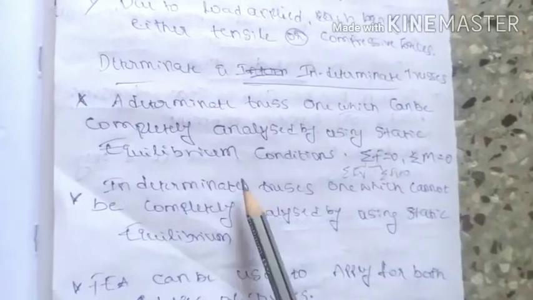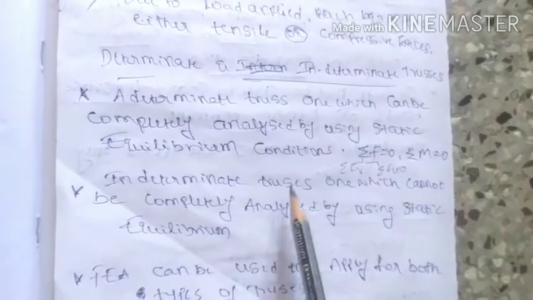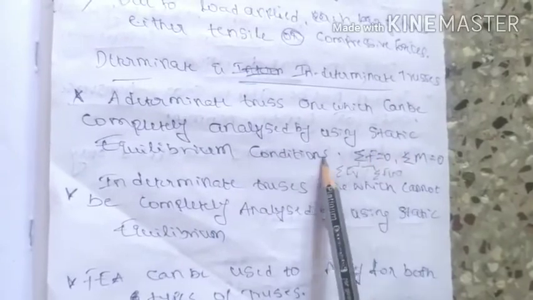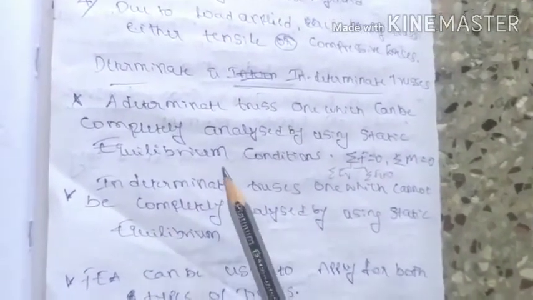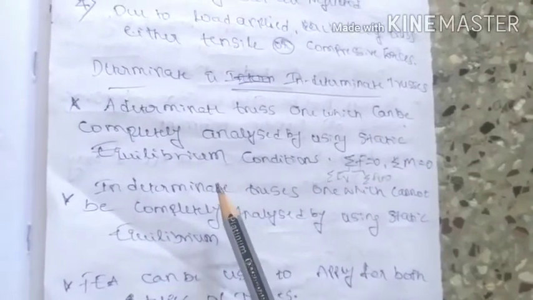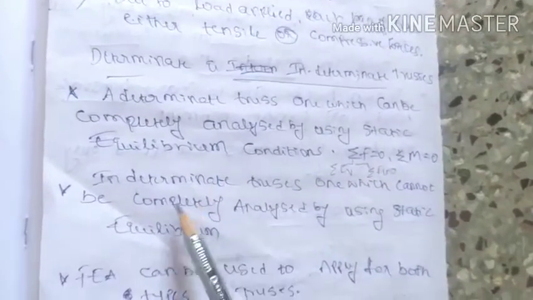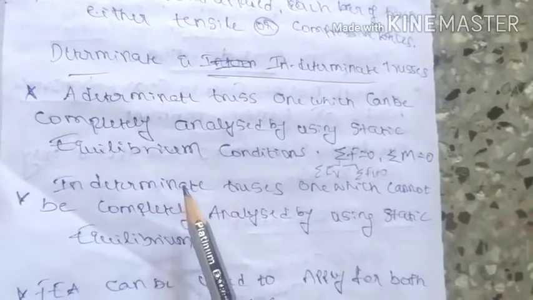An indeterminate truss is one which cannot be completely analyzed using only these. That means it is not enough to calculate the unknowns using only these equilibrium conditions. So that is called an indeterminate structure, or with respect to trusses, an indeterminate truss.